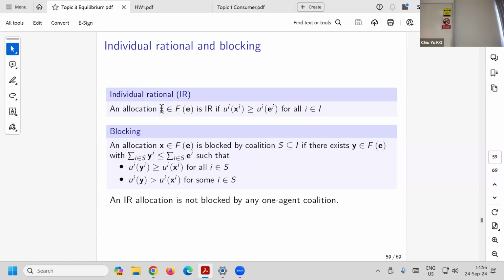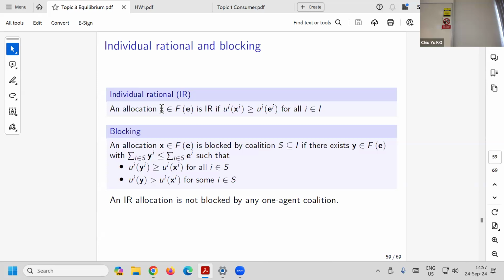It's like a system: I say this allocation should not be part of the solution, because if some of the people break away from the system, go to an island and do what they want, and that is better, then the allocation is blocked by those people.